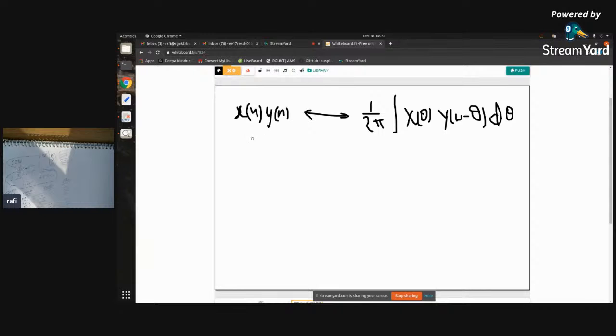So this is the DTFT pair, if you have y in the place of y star of n.